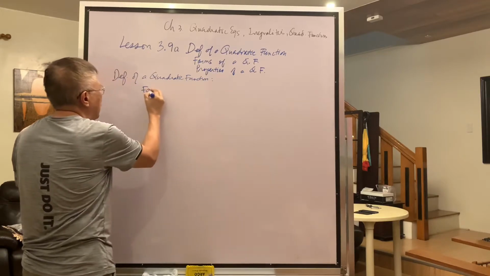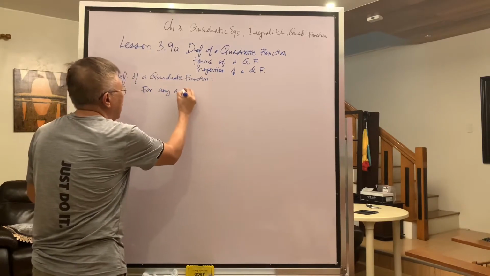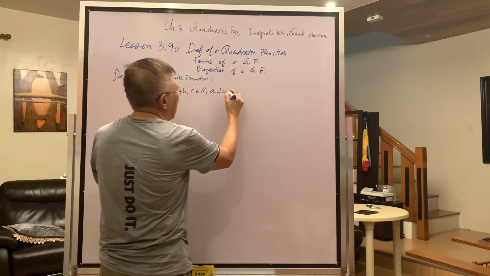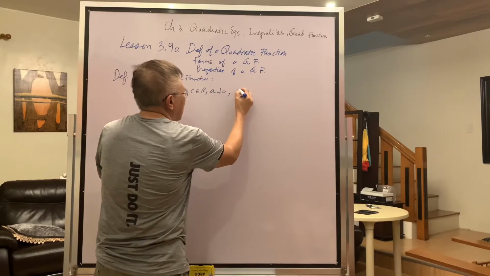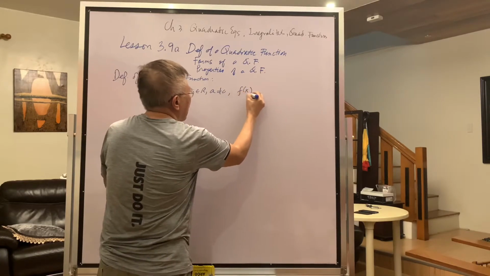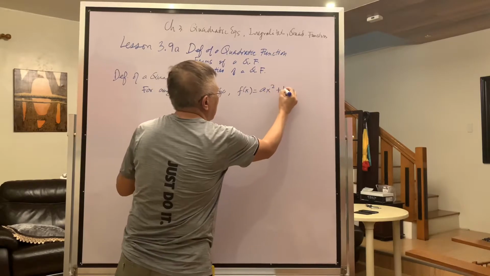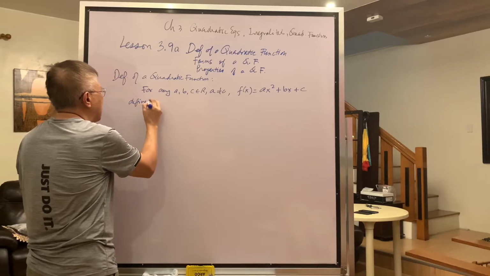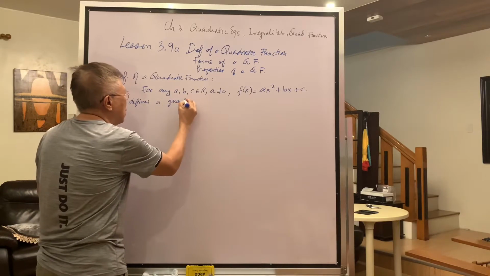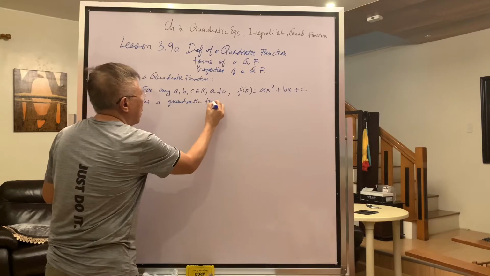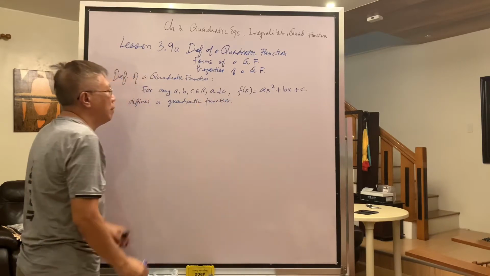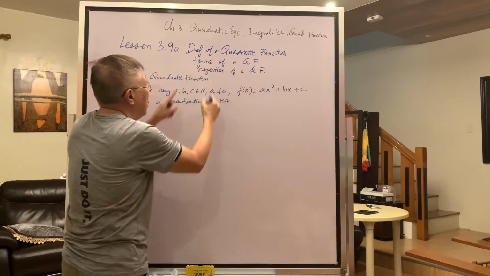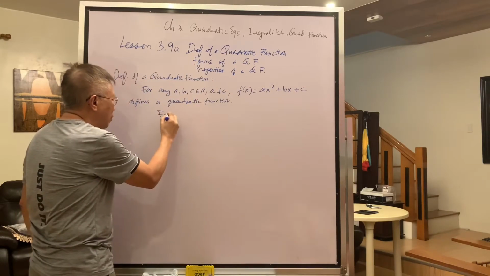For any a, b, c element real, a not equal to 0, this equation f of x equals ax squared plus bx plus c defines a quadratic function. Okay, and we can write a quadratic function in several forms.